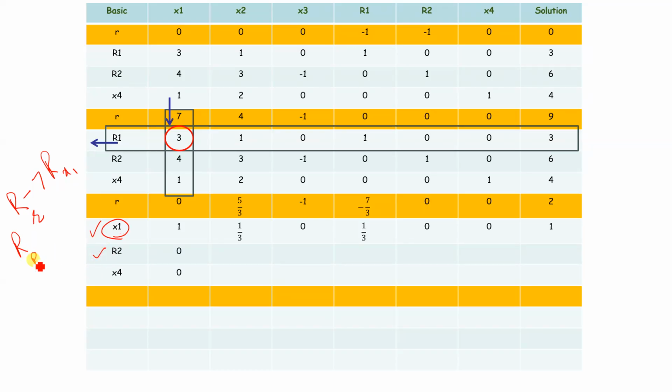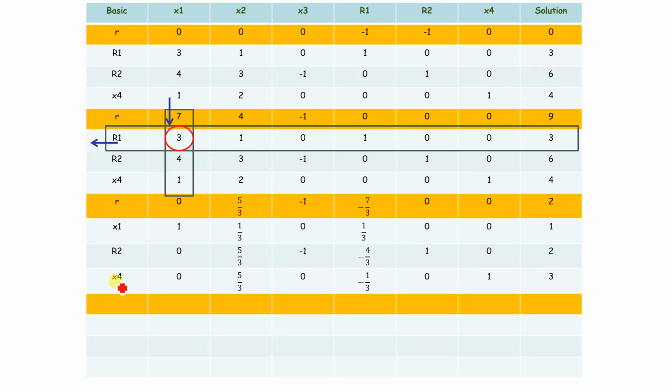So row R2 minus, we have 4 here, 4 times row x1, that is the pivot row. Similarly, for the third equation, we have to perform what? We have to do row x4 minus, we have 1 here, so minus row x1 will result in this row.